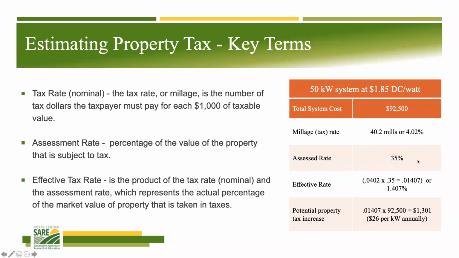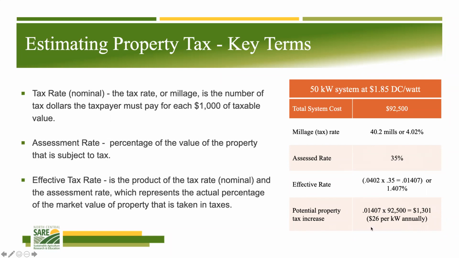Now, the assessment rate in that township was 35%, so you can see we can do some simple math. Our effective rate is a product of the two. Our effective tax rate would be 1.407%. If we applied that to that 50 kW system that we said was $92,500, that's $1,300 a year in additional property taxes based on that township.